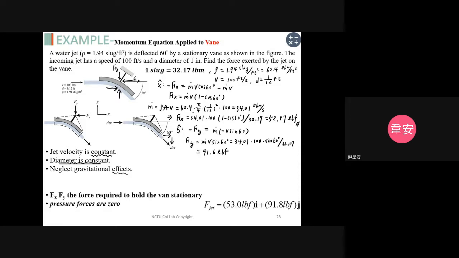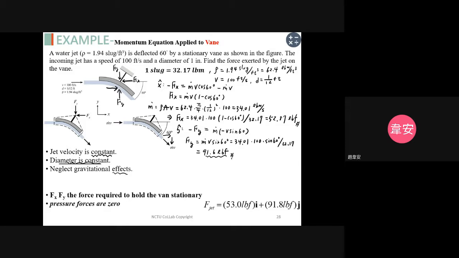If you take a look at our question, it requires the force by the jet on the fan. Because the fan will push the water downward, we need an additional force upward. This is our Fy direction acting on the fan. So this is our additional solution for the force acting on the fan from the jet.